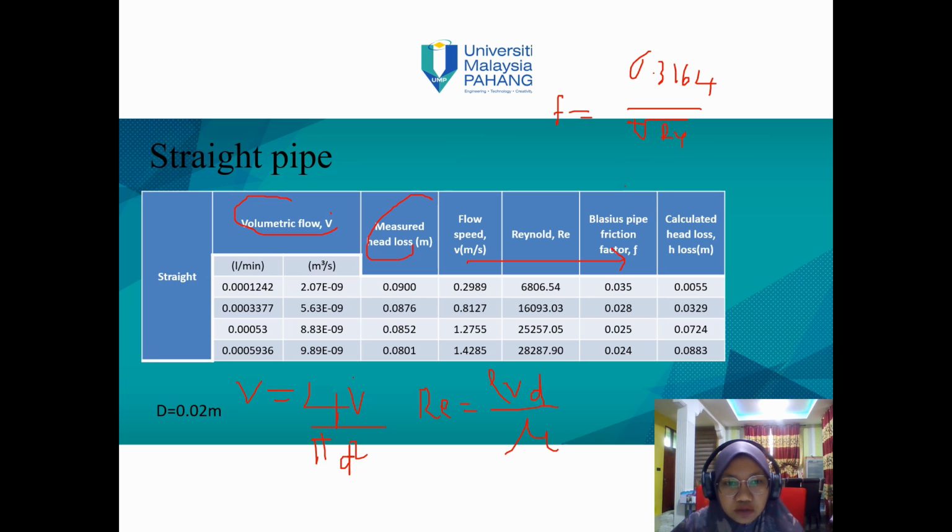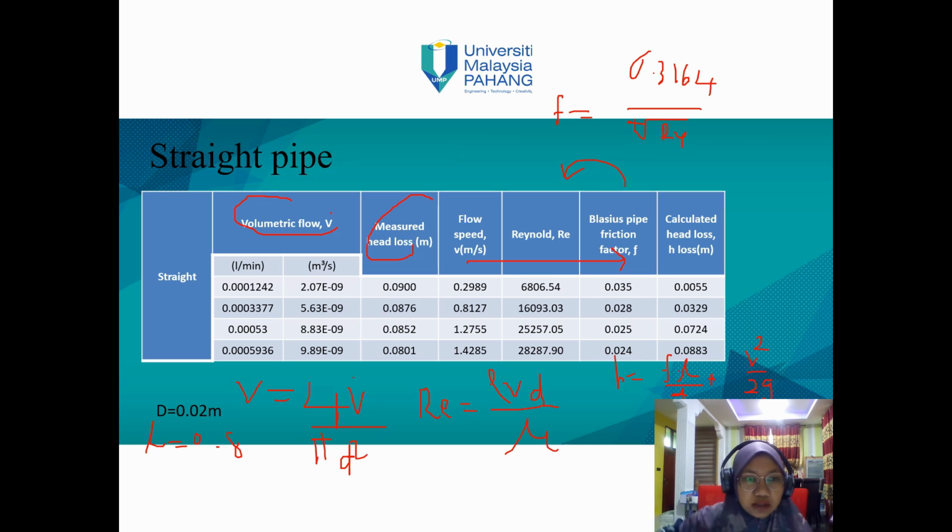And finally we have the calculated head loss, which is H. We got it from H equal to F times L, which is the friction factor times the length, where the given length is 0.8 meter, over D, the diameter, times V squared over 2G, where G is gravity and V is the velocity.